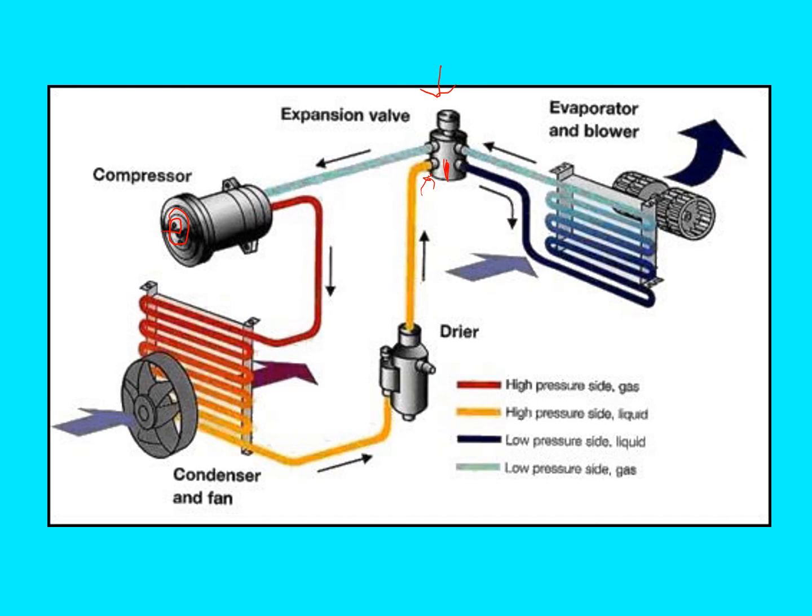With the air flowing through the evaporator core, the liquid refrigerant is going to start to vaporize. It wants to change into a vapor because of the low pressure and the high temperature around it.